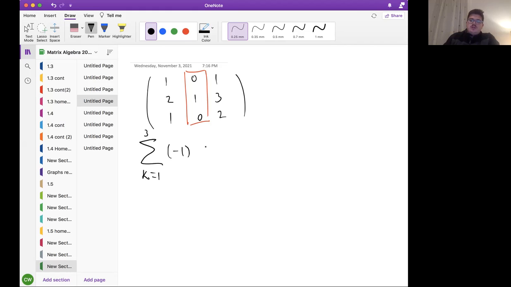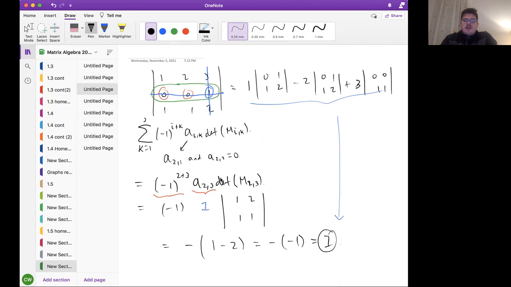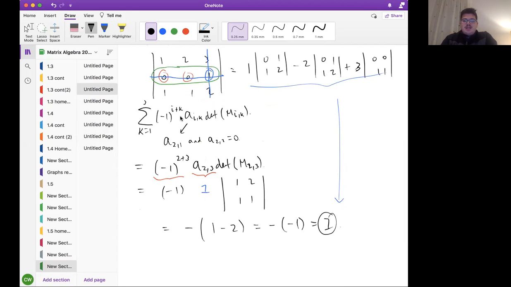So negative, so it would be A_KI and determinant of M_KI, or maybe we can use J because we've been using J for column. So it'd be K plus J. Yeah, the -1 is I plus K, and then it's 2 plus 3 because that's this one.